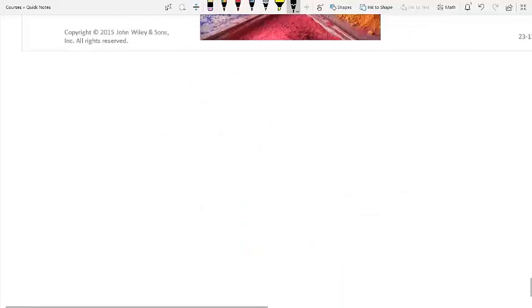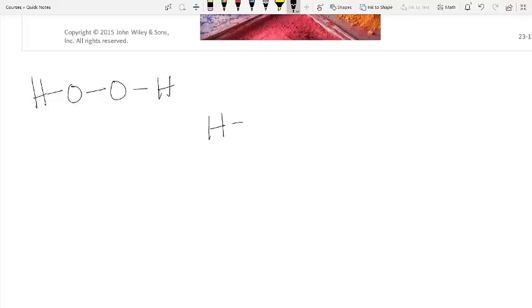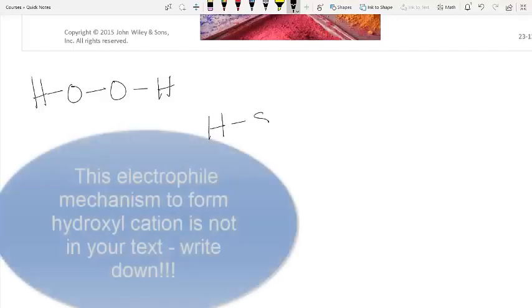So our next step after this is that we will move into ways of adding things onto your aromatic ring. But there's one mechanism that is not in your textbook, and it's to make your OH cation. So you're going to take hydrogen peroxide, and you're going to take something called hydrofluorosulfonic acid.